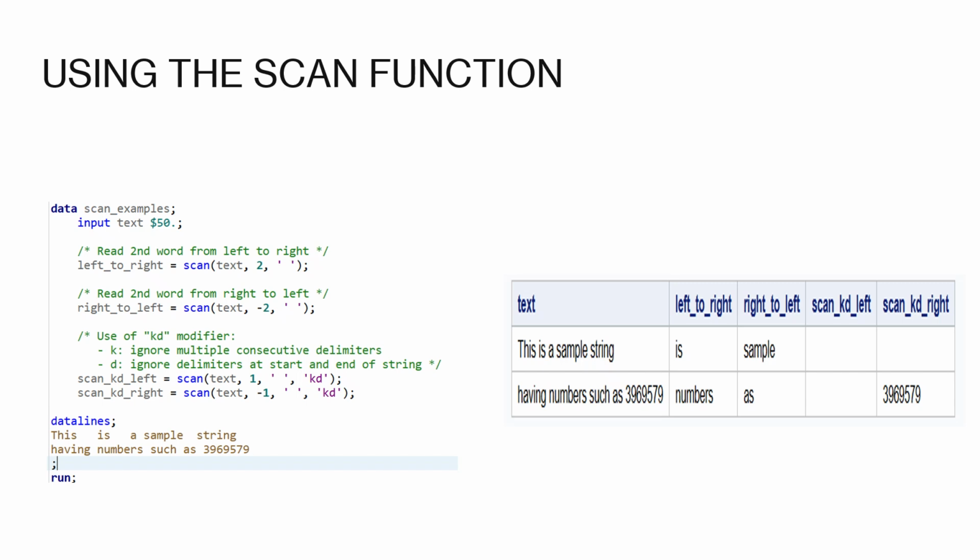However, when we are doing the same scan function but reading the string from right to left, the first step is that SAS will read the text string from right to left and read the first string.